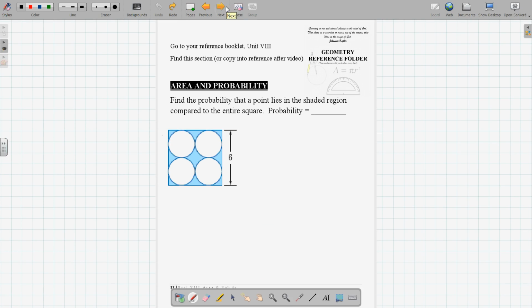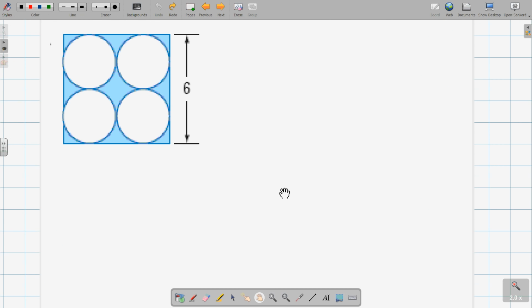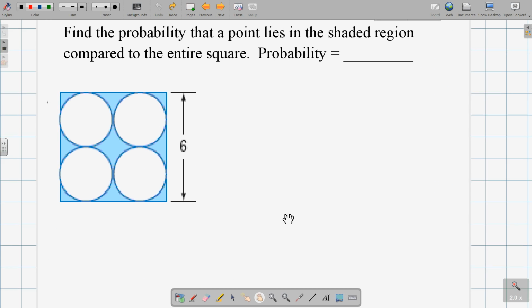Let's do one more problem together, and then you're going to do one on your own. Again, this problem's in your reference booklet, so either you can go to your reference booklet and just follow along there, or work here and transfer it later. It says find the probability that a point lies in the shaded region compared to the entire square.